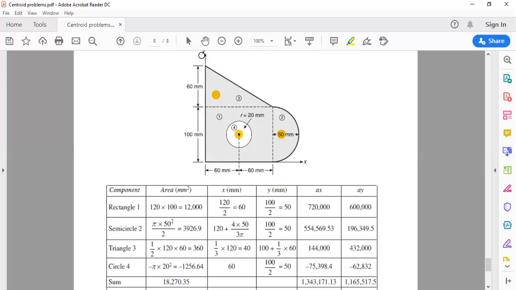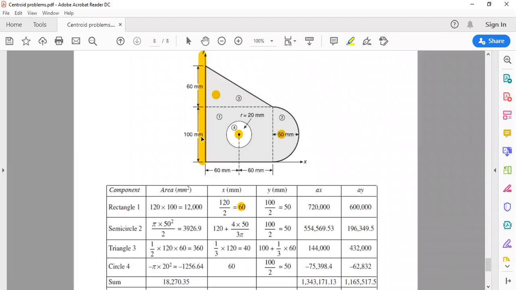X bar means you're supposed to measure it from the y-axis. So the distance between the individual centroid and the y-axis is b by 2, which is 120 divided by 2, that is nothing but 60.